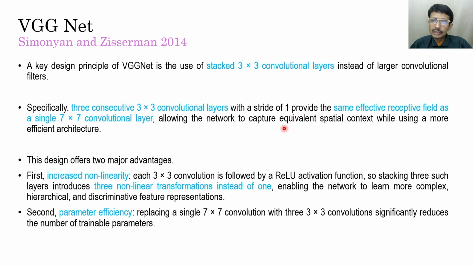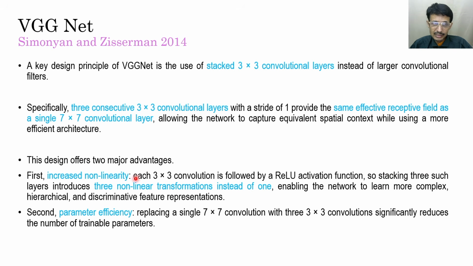This allows the network to capture equivalent spatial context while using a more efficient approach. Using a stack of three 3x3 convolution layers, since they are three separate layers, increases the nonlinearity. Each 3x3 convolution is followed by a ReLU activation function.